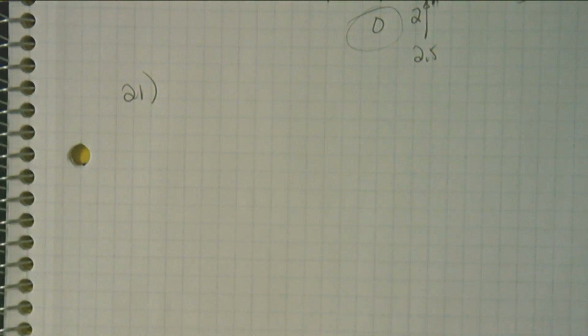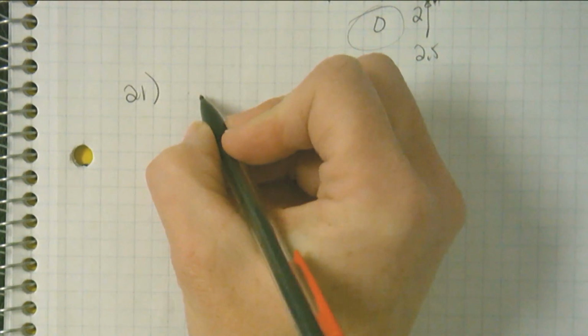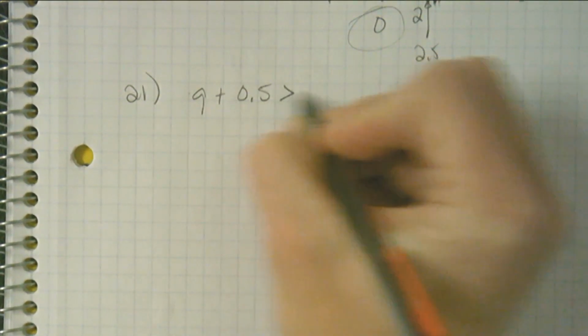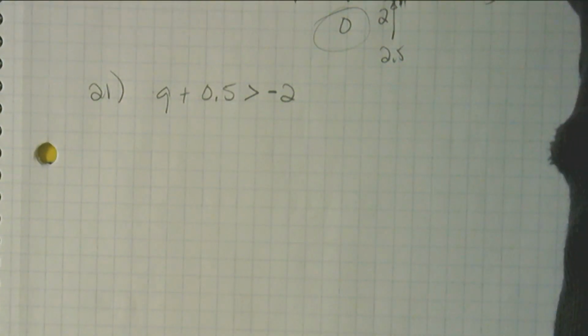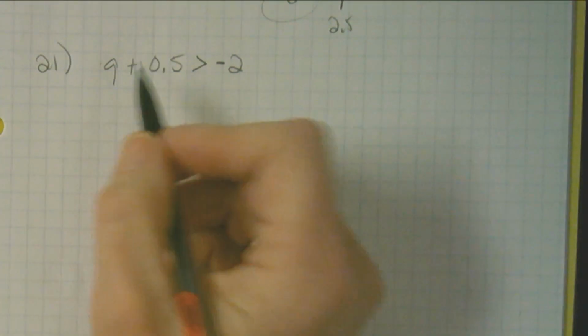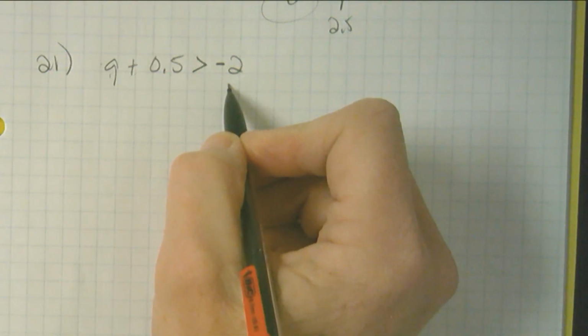So 21 said, solve each inequality, graph, and check. All right, so for 21, I'm not going to have you checking, but I do feel like your skill of knowing how to check is really important on a test. So you can do a quick check. Who asked me for 21? Okay, so this says Q plus a positive 0.5 is greater than a negative 2.